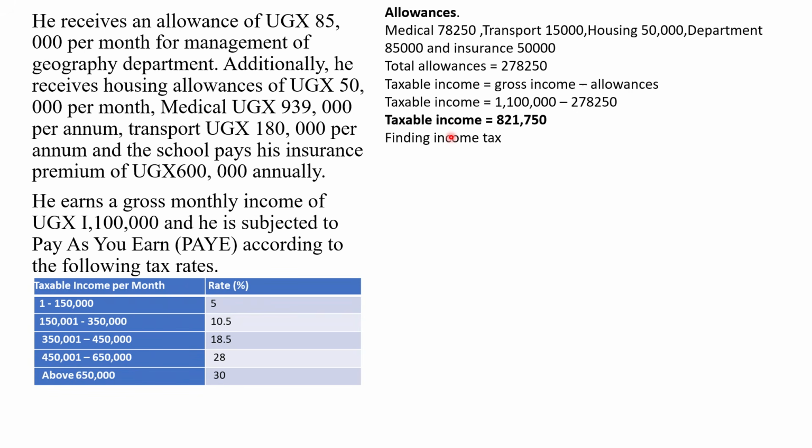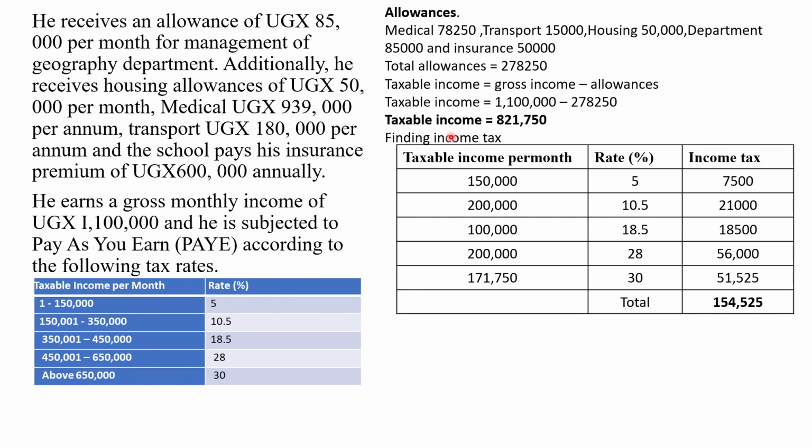So come and you find the income tax. Now I drew here my table. In the first batch, this one, please learners, it's just a place value holder. Only use this. Instead of having 150,000 then minus 1, you get an ugly answer having 999. Please, no, it will not work.